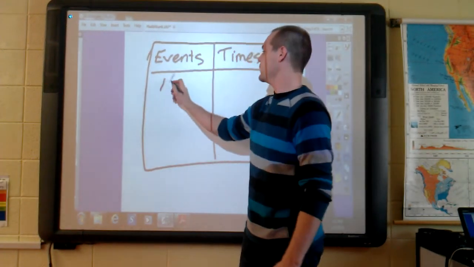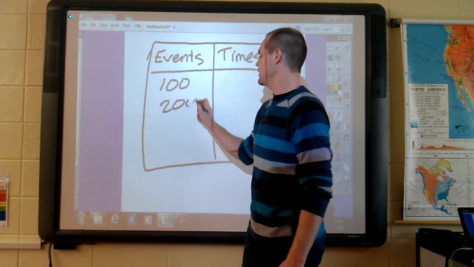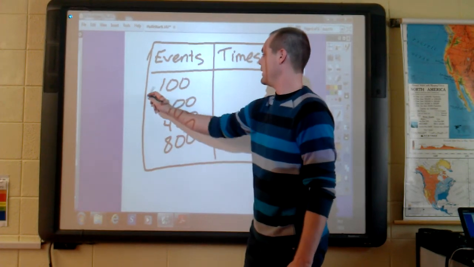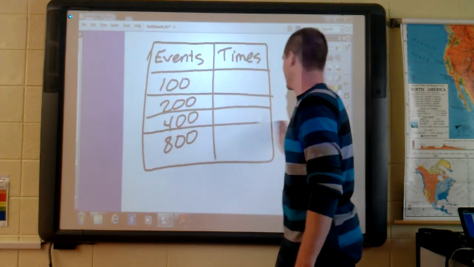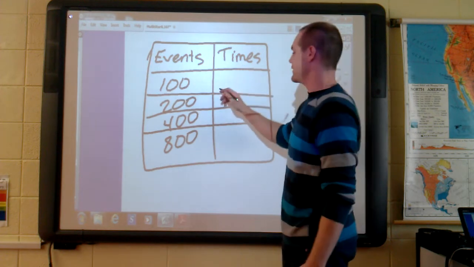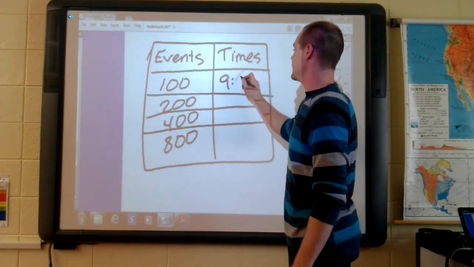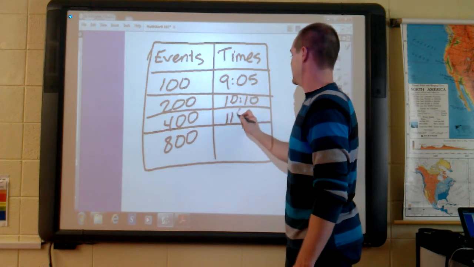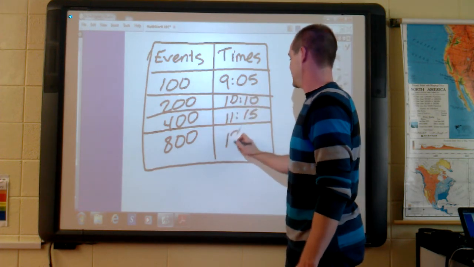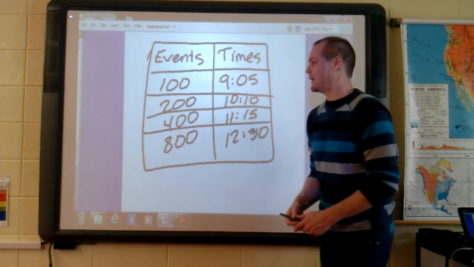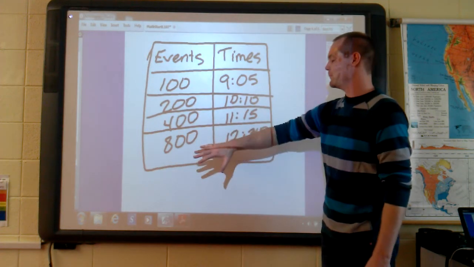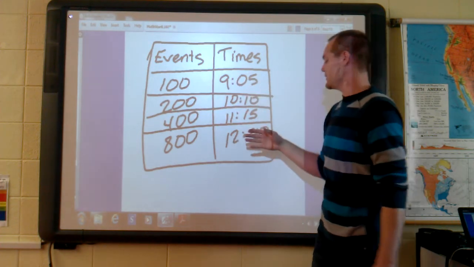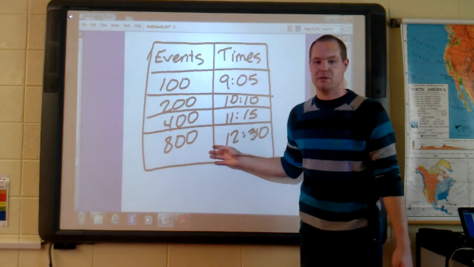Okay, so say they had a 100-meter dash, a 200, let's just go with a 400, and then an 800. Now, they also had the times that they were planning on starting them. Let's just say 9:05, 10:10, 11:15, and 12:30. If he runs in the 100-meter dash at 9:05, how much time does he have before he needs to run in the 800-meter dash?